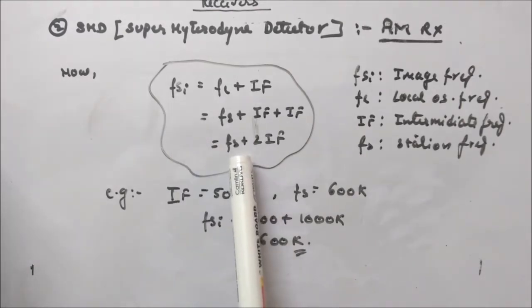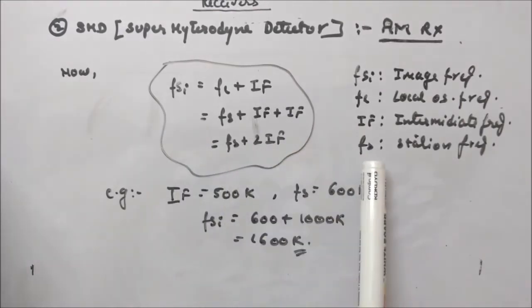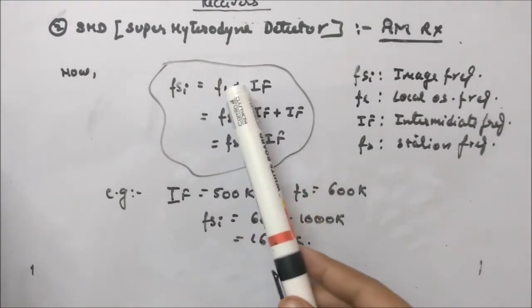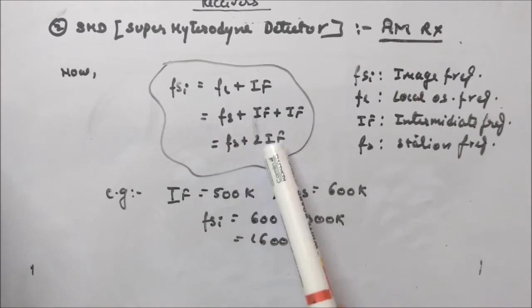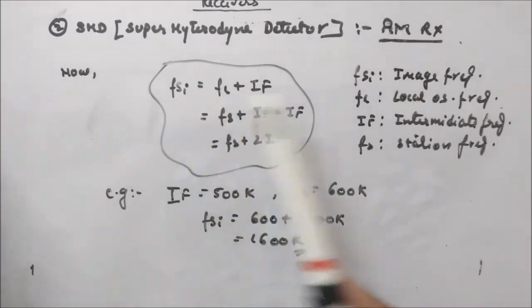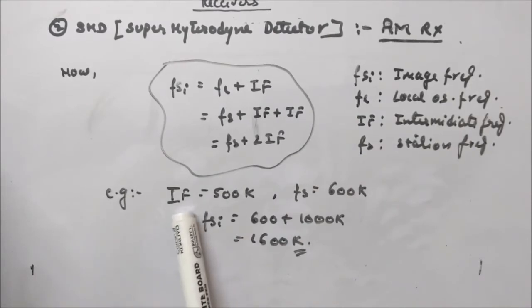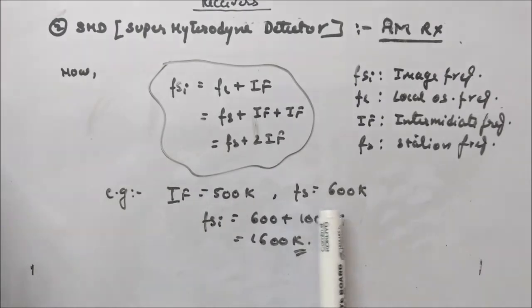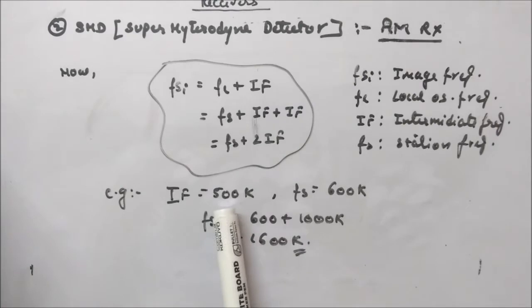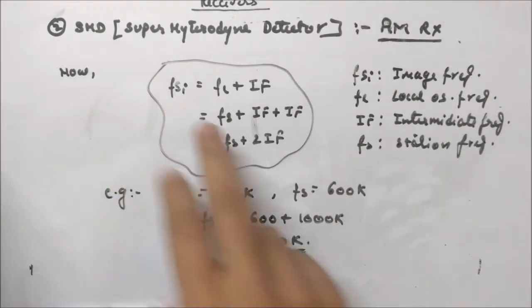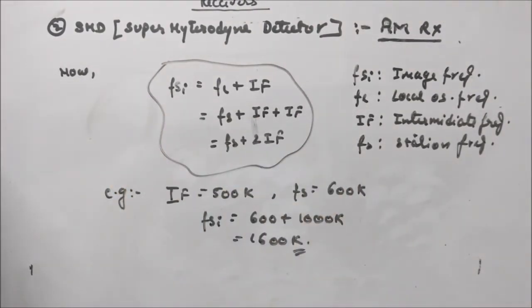You can calculate with this expression as well, where FS is the station frequency. So if you know FL and IF, you can use the first expression, and if you know FS and IF, you can use this one. Take the example from before: IF was 500k, FS was 600k. So FSI is equal to 600 plus 2 into IF, that is 1000k, which comes out to be 1600k. This is how you can calculate the value of FSI mathematically.